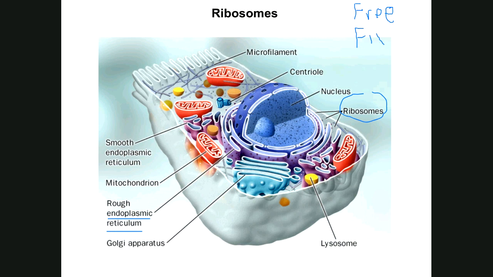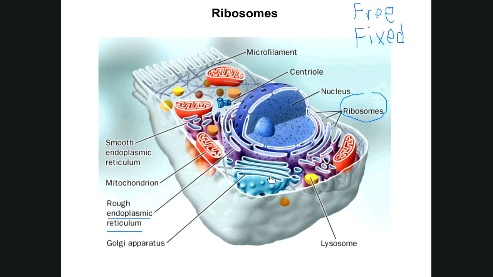Now, it doesn't matter where they're located or how we refer to them. The function of a ribosome is to synthesize proteins. So then the question is, why two different locations? If their job is to synthesize proteins, why are some of them free out in the cytosol or ICF and others attached to a membranous organelle called the ER, thus fixed?